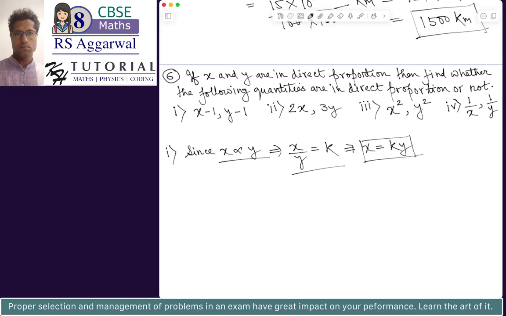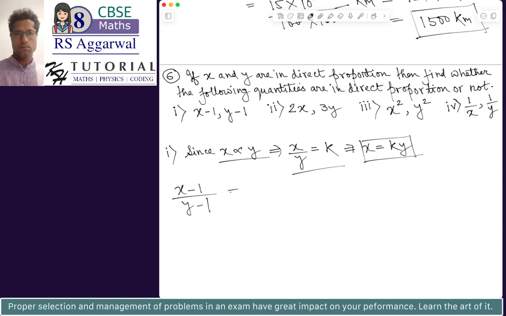Now let's see, the quantities x minus 1 and y minus 1 will be in direct variation only when x minus 1 divided by y minus 1 will be a constant. So what is x minus 1 divided by y minus 1?